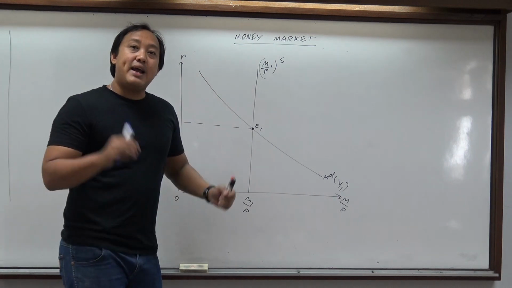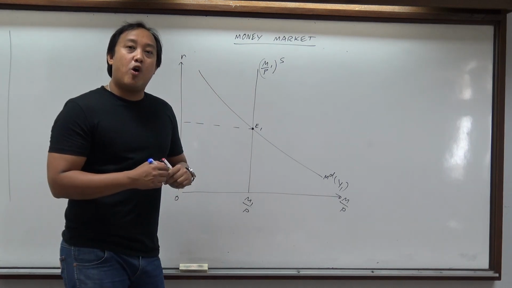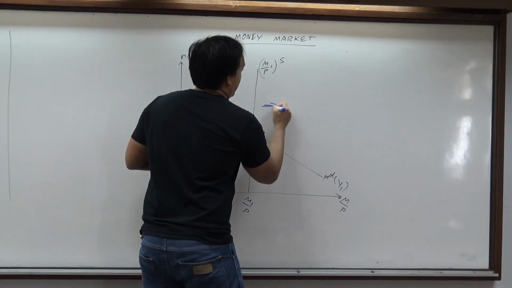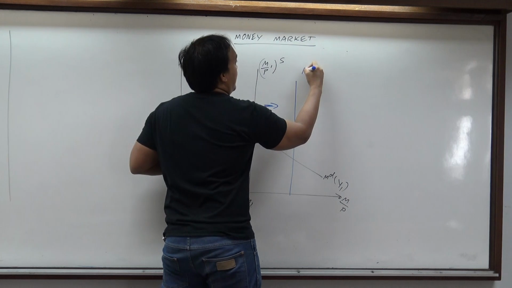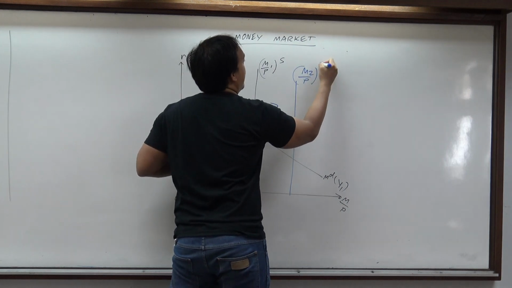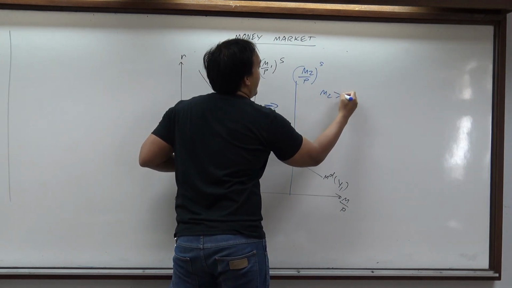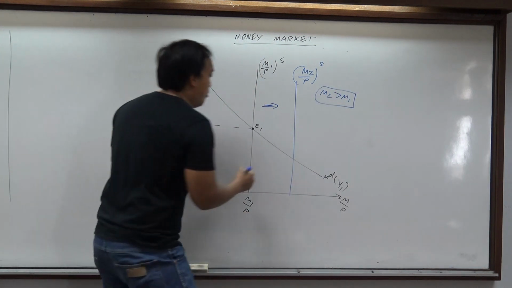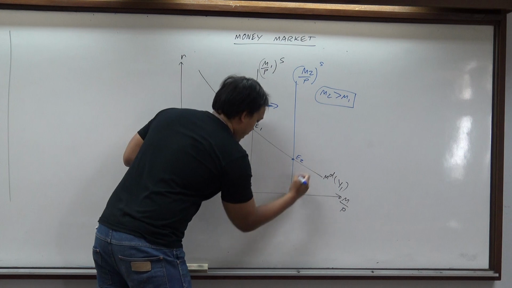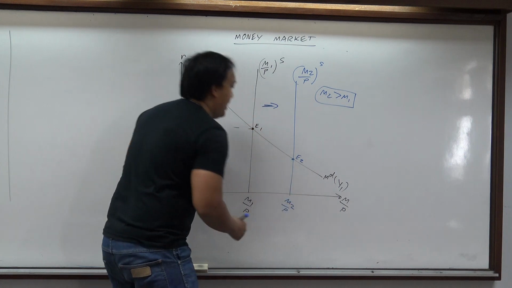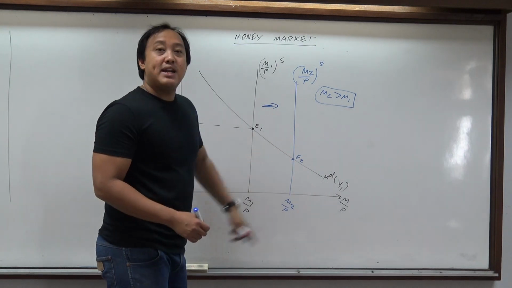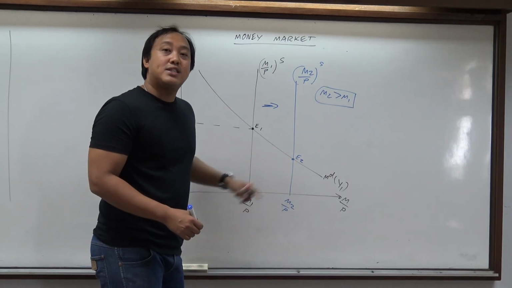When the central bank injects more money, the real money supply shifts to the right, M2 over P, where M2 is greater than M1. The equilibrium point is going to move from E1 to E2, since the money demand is still the same.